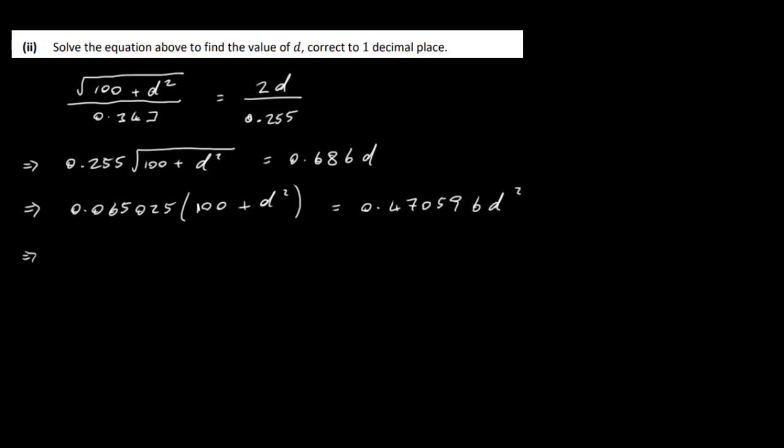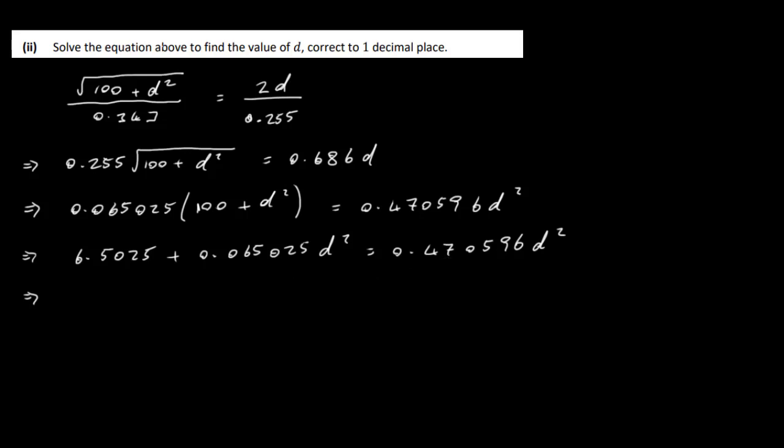Let's multiply out this bracket. Multiply this by 100, you get 6.5025, and here we get 0.065025 d squared is equal to 0.470596 d squared. These numbers are not very nice to look at, but anyway.